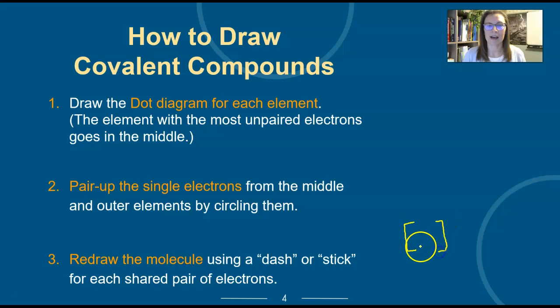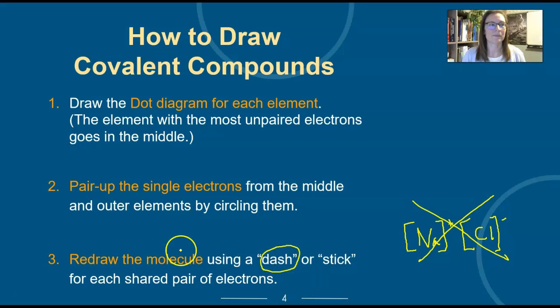So we might have sodium here in a bracket, and we might have chlorine here in a bracket, and that was showing us that they were stuck together because they had opposite charges. Well, covalent compounds form molecules, and so we don't draw them that way with covalent compounds. I'll show you how to draw them correctly using these dashes instead.